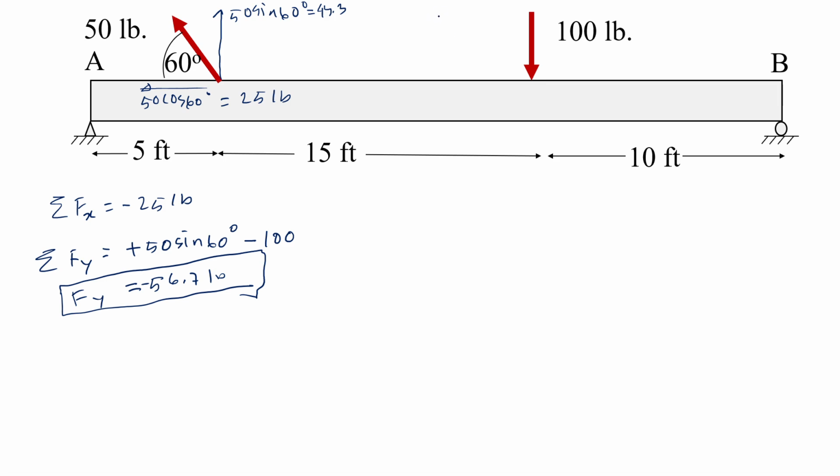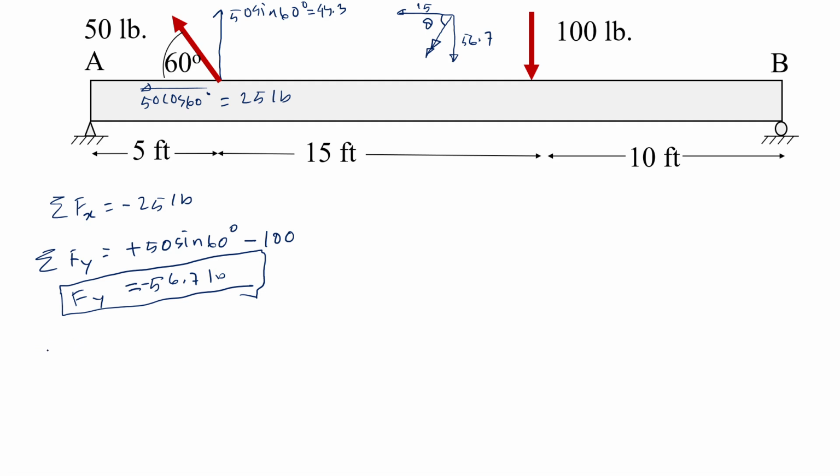I can draw a quick figure here. So here 25 pounds, here 56.7 pounds. So the resultant will act somewhere towards this way. So that will be the resultant. Let's say this is the angle theta where the resultant is going to act.